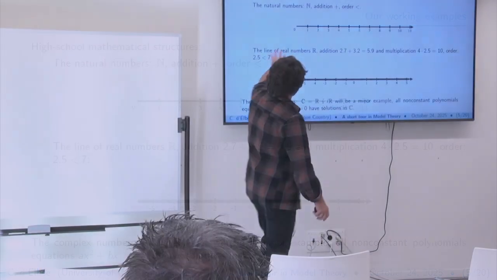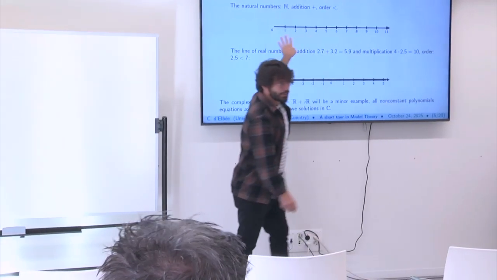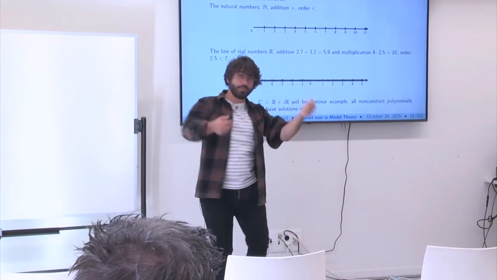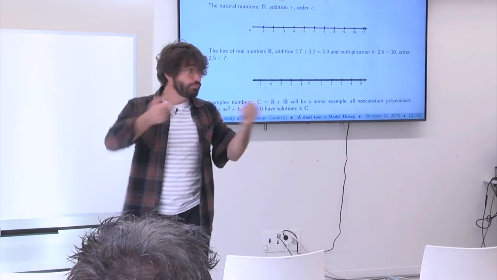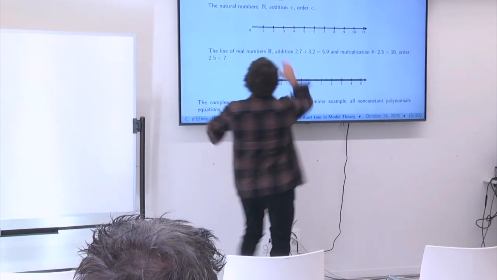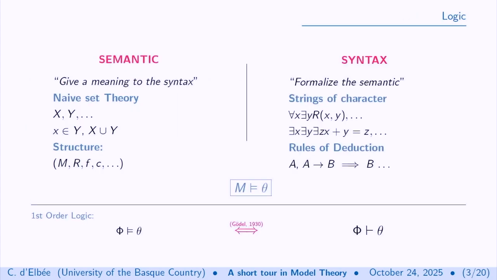So the numbers will be the natural numbers, the ones that everybody knows: 0, 1, 2. You can add them, you can compare them. 2 is less than 3. And this, with the addition and with the order, is a mathematical structure on its own.